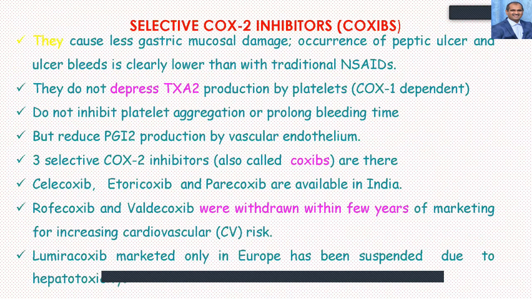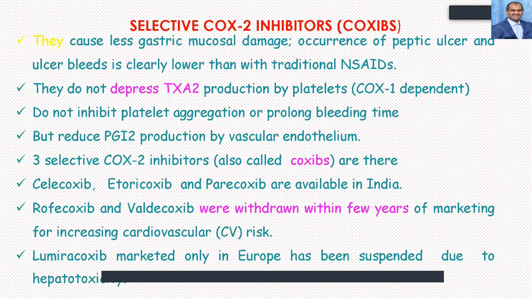And now we will deal with the COX-2 selective inhibitors, which are also known as COXIBs. Please remember, the specific or selective COX-2 inhibitors are called COXIBs, and they cause less gastric or mucosal damage and occurrence of peptic ulcers.